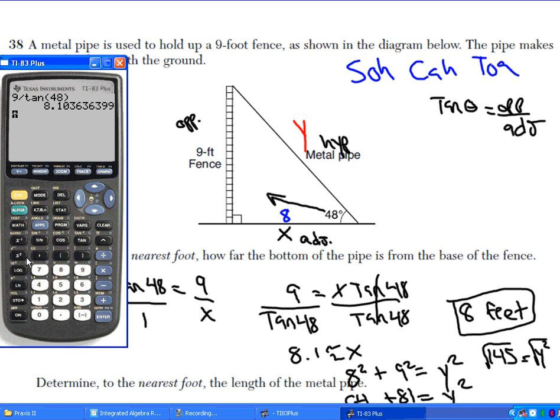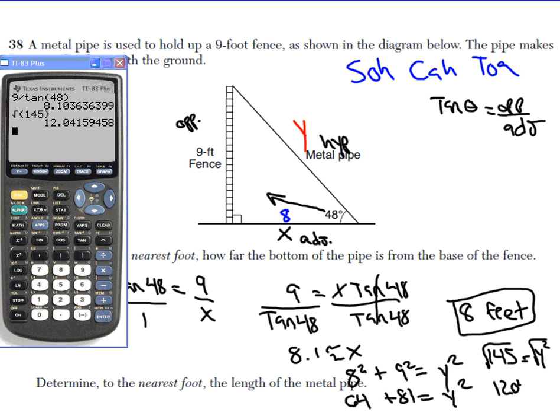The square root of 145 is approximately 12.04. It says round to the nearest foot, so I get 12 feet. And that's my answer for y, 12 feet.